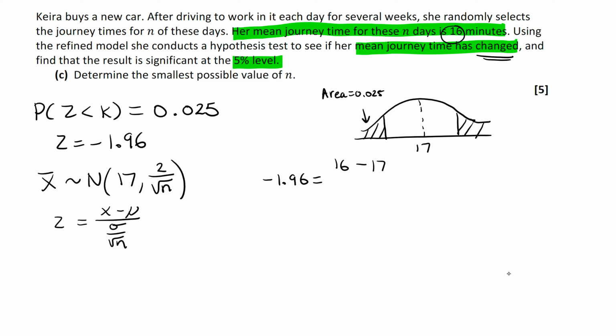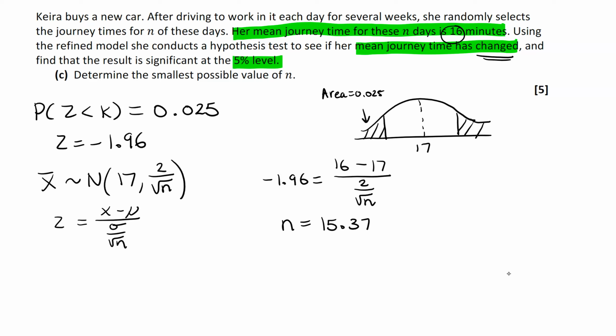Mu is the mean, which is 17. Sigma is 2, the standard deviation, and square root of n is what I'm trying to find. When you rearrange all of this, what you should get is n is 15.37.